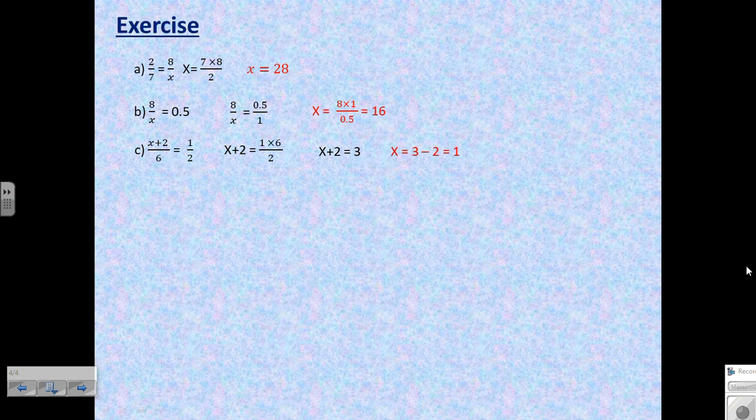So we are going to order them: 7, 5, a, b, which means these are the means and these are the extremes. Where are the first, second, third and fourth terms? Let's arrange them. Yes, 7 over 5 equals a over b, and this is the answer.